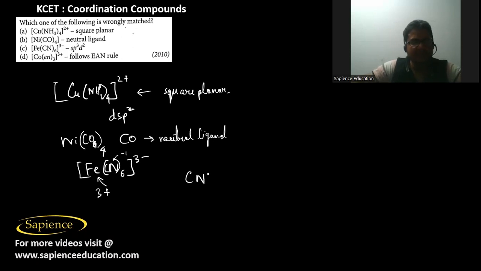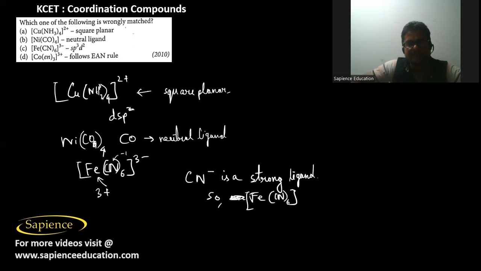As we know, cyanide is a strong ligand. So it means that [Fe(CN)6]3- will form an inner orbital octahedral complex.